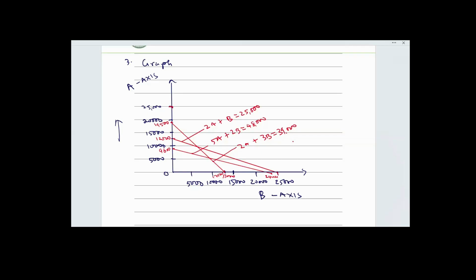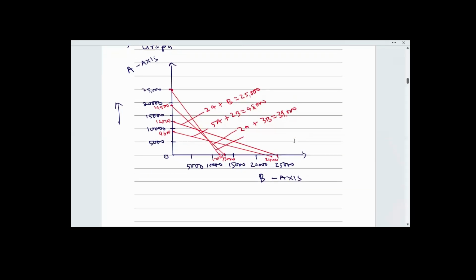There is the 12.5. Let me redo it. Yes, so that's that. Write out the equation. This is equation 2A plus 4B equal to 50,000.